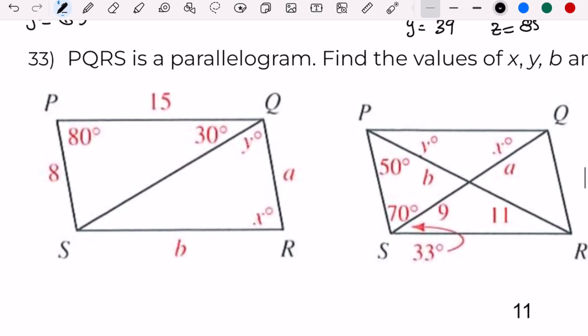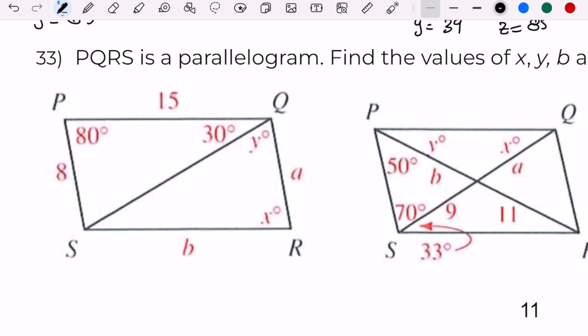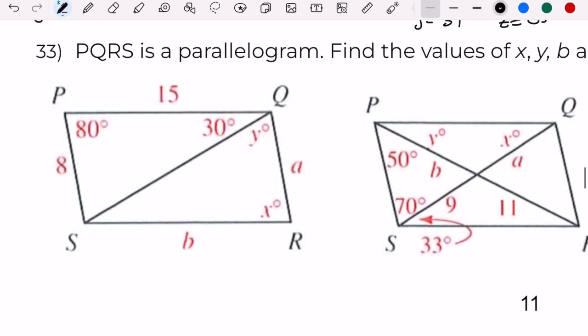Excellent. Now we're going to find both sides and angles. So if this side measures 8, this side also measures 8. And if this side measures 15, then this side also measures 15, because in a parallelogram, opposite sides of a parallelogram are congruent. Beautiful.